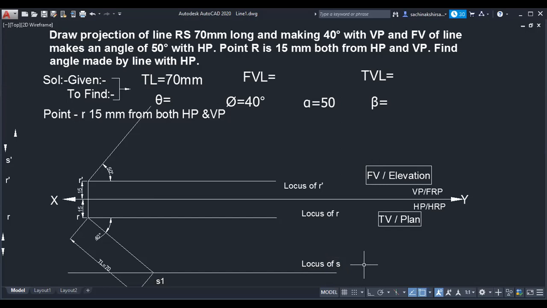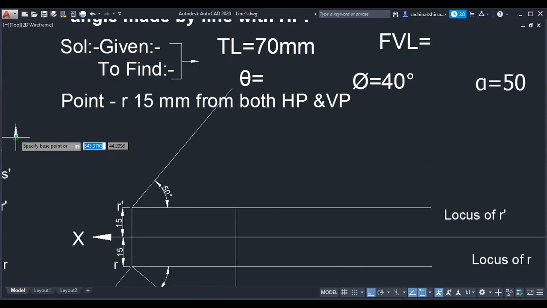That procedure we know well. From S1, what do I have to do? We have to draw a straight vertical line up to locus R. For your information, if you want to know where you are drawing from, you can give an arrow here like this.